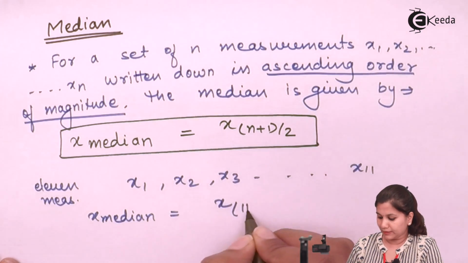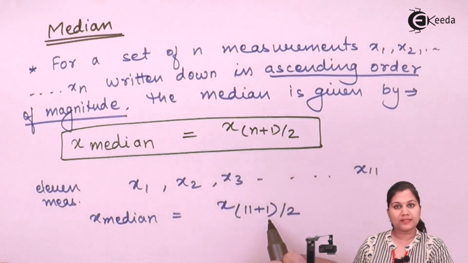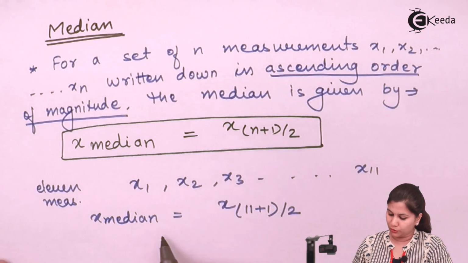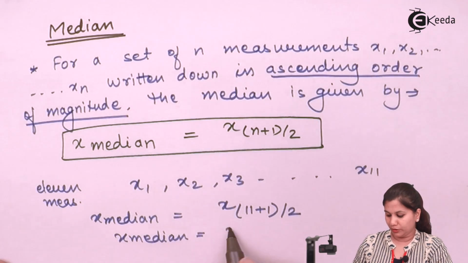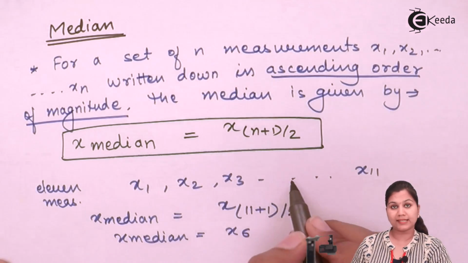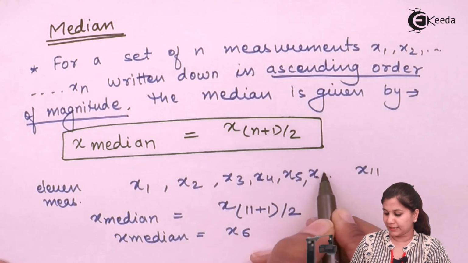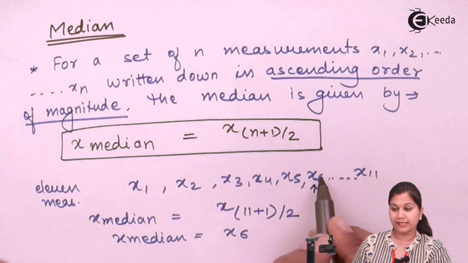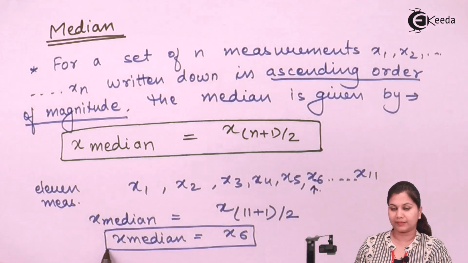So 11 plus 1 is 12, and 12 divided by 2 is 6. So x median is equal to x6, that is the sixth measurement, in the sequence x3, x4, x5, x6 till x11.